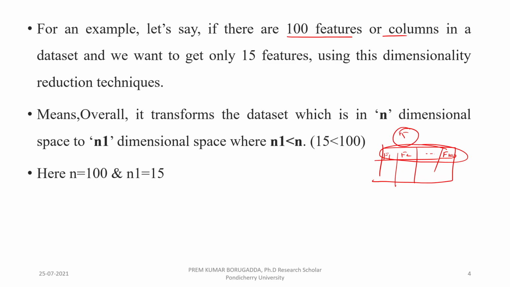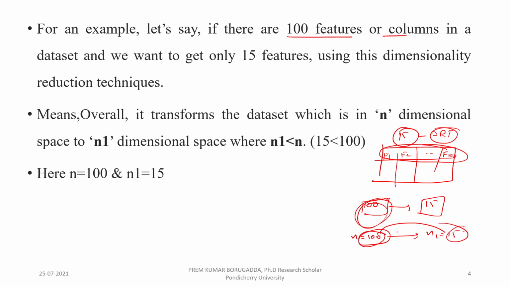We want to use 15 features by using the dimensionality reduction technique, which means we can transform the high dimension, 100 features, into a lower dimension like 15 features without changing the information. For example, n equals 100 columns and n1 equals 15 columns. We convert the 100 features' information into 15 features' information. That is dimensionality reduction.